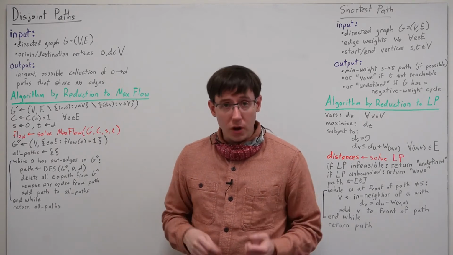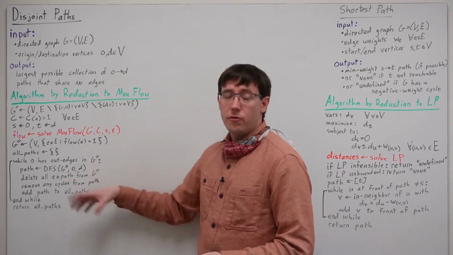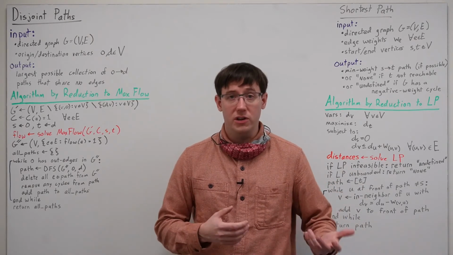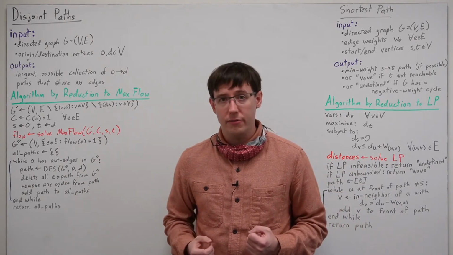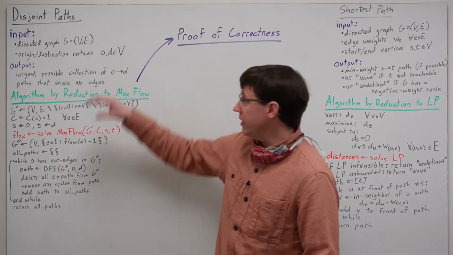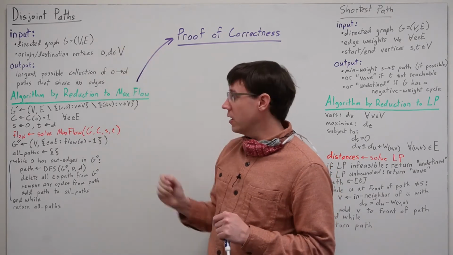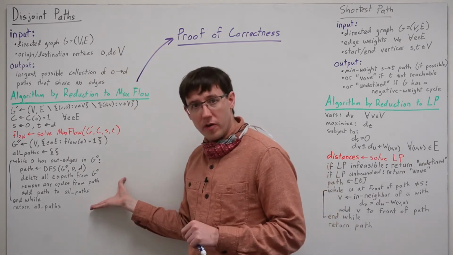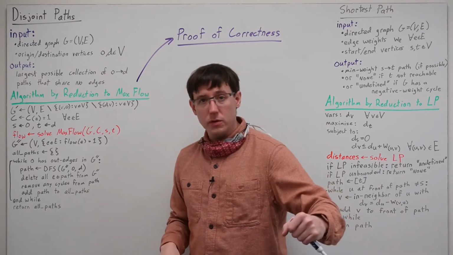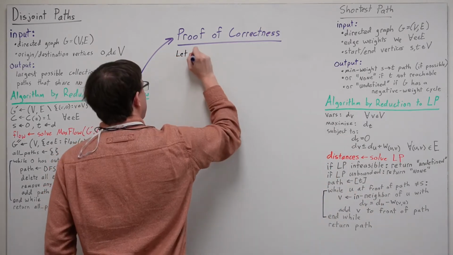Well, we need to show that the number of paths that we produce from the flow is exactly the maximum number of disjoint paths in the original graph. Since we want to show that the number of disjoint paths in our original graph corresponds to the number of paths that we can extract from the flow, let's define variables for the number of paths and the value of the flow.